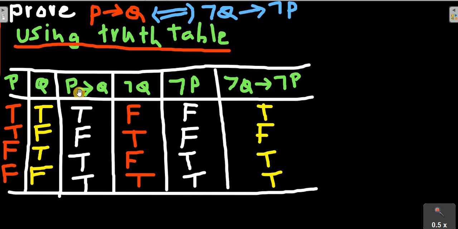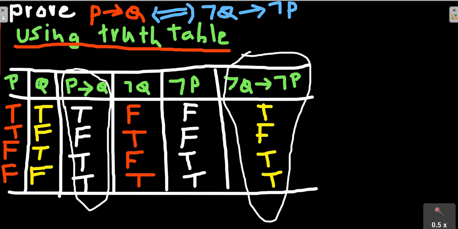So in this column, P implies Q is exactly equivalent to negation Q implies negation P. Okay, so look at that. In the P implies Q column, true, false, true, true is exactly equal to this column, true, false, true, true. Therefore, both the statements are equal, right?